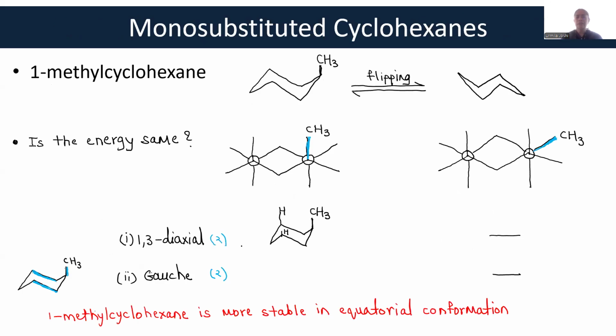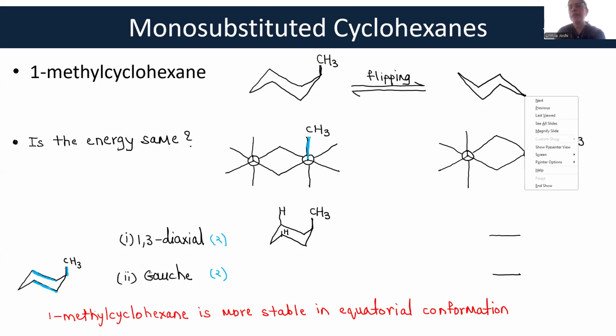Now let us go to monosubstituted cyclohexane, 1-methyl cyclohexane. Again, I have not written a complete flipped structure. First, I drew the flipped ring. This is the right-handmost upper plane carbon. So now it will become right-handmost lower plane carbon.